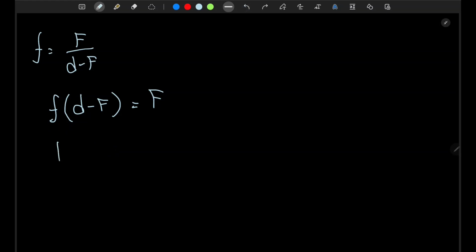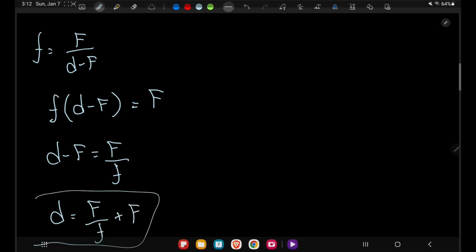And so then we are going to be left with d minus f is equal to big F over small f. And now we have this f that we need to push over and make positive. So we have d is equal to big F over small f plus big F. And there you have your answer.